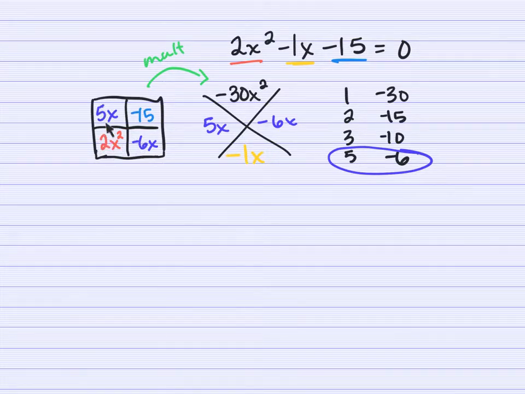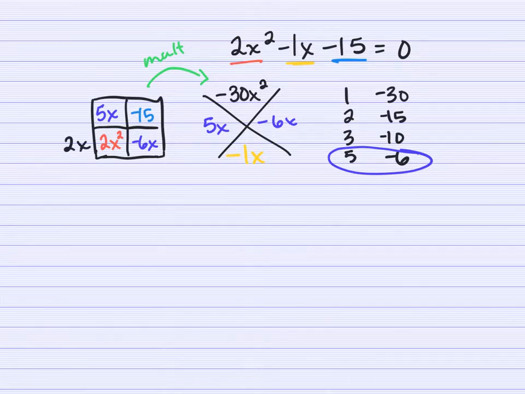If I look at 5x and 2x squared, 5 and 2, the greatest common factor is 1, because 2 is not divisible by 5, 5 is not divisible by 2, but both of these have an x, so I can factor out an x. Over here on this row, 2 and negative 6 are both divisible by 2, so I can take a 2x out over here.